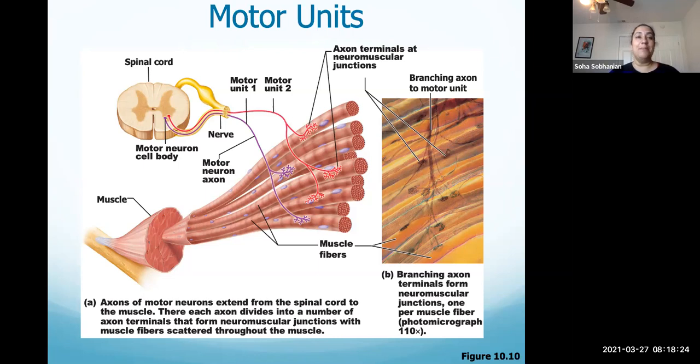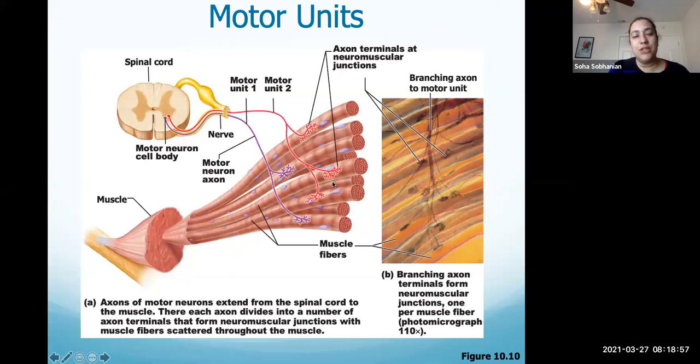Okay, so that's the basic concept we described last time. Now, one of the things that I want to mention on top of that is the relationship between your neurons and your muscle cells, which is what is depicted here. The purple or the red lines that you see represent a nerve cell or a neuron, and these are your muscle cells.